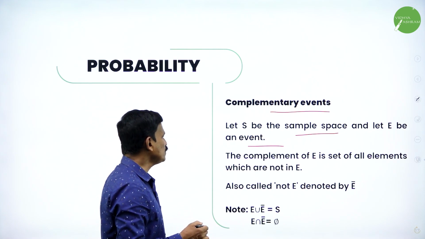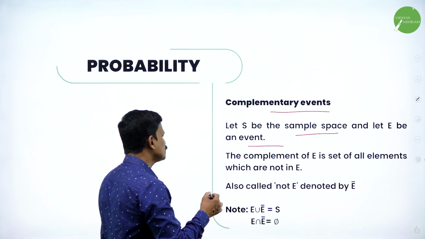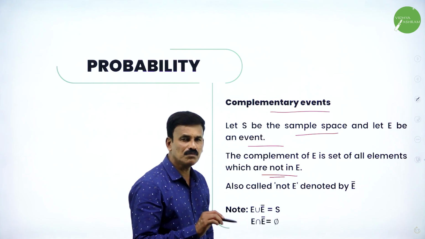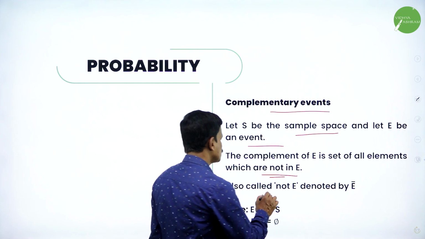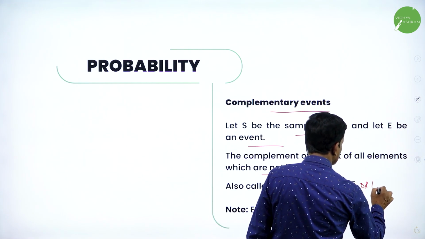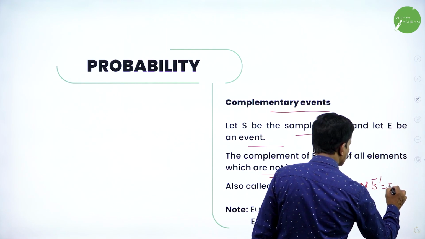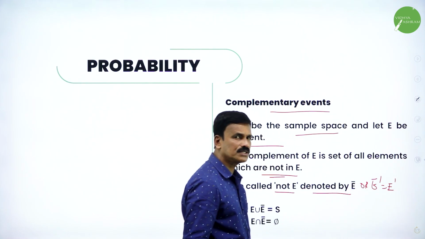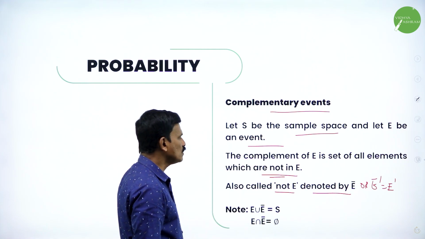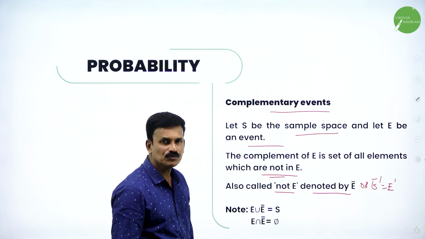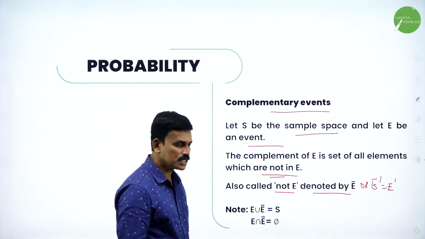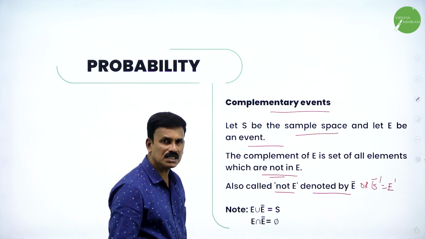Then the complement of E is the set of all elements which are not in E, denoted as E bar or E dash, also written as not E.